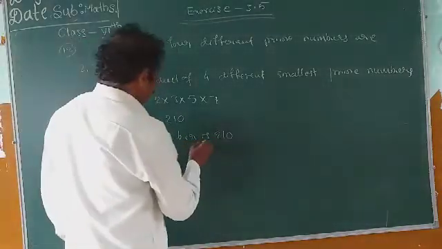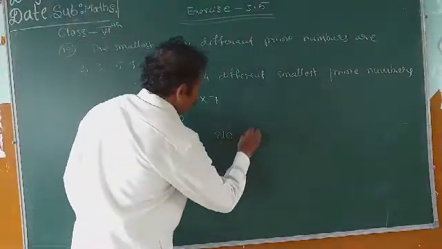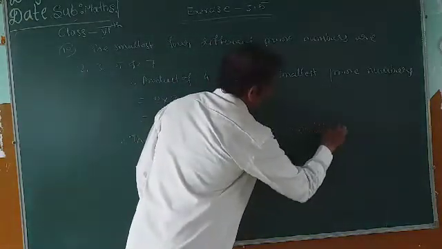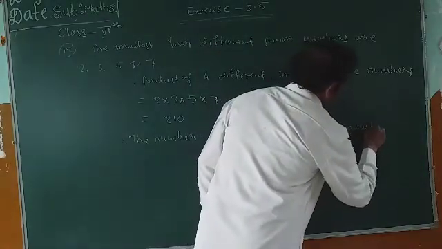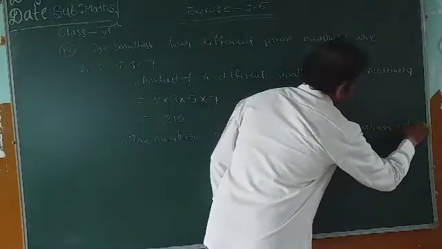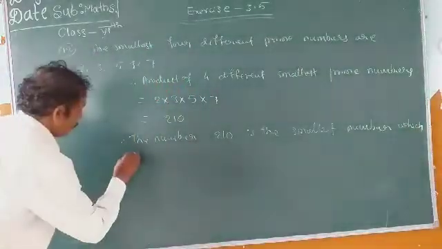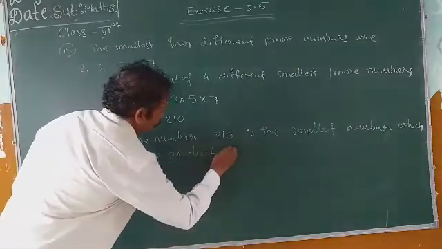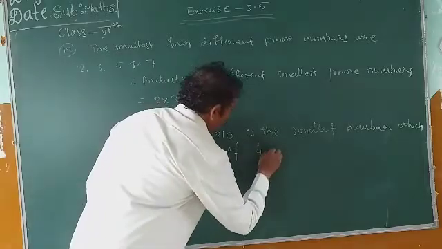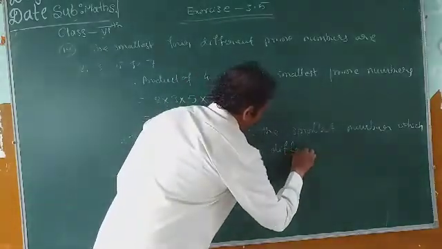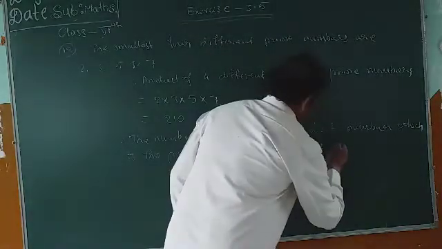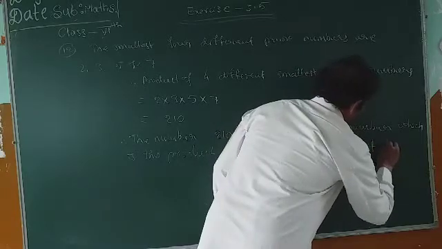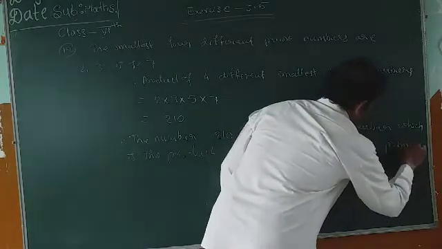Therefore, the number 210 is the smallest number which is the product of four different smallest prime numbers.